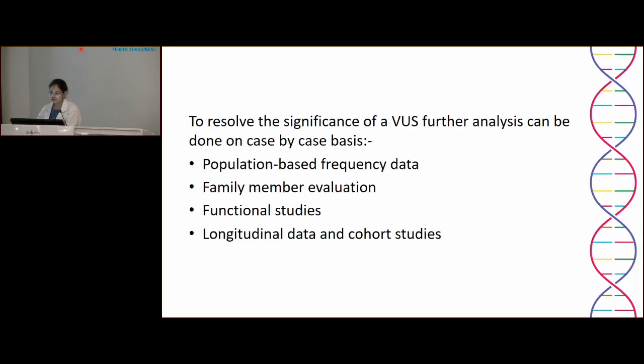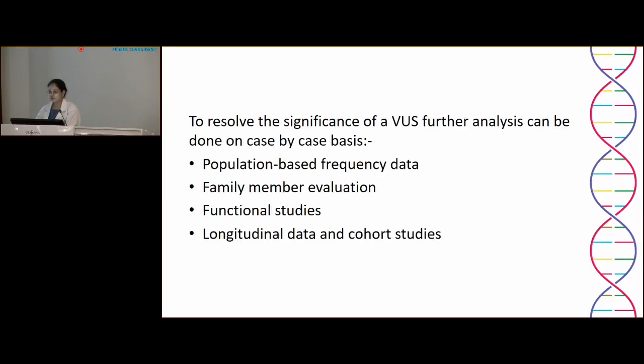And then you can go for family member evaluation, which can give you a very clear picture when you have samples from both affected and unaffected individuals. Sometimes when we don't find the VUS in the family, we try to interpret it as the variant having different penetrance, but one should not consider that unless you have evidence for it.